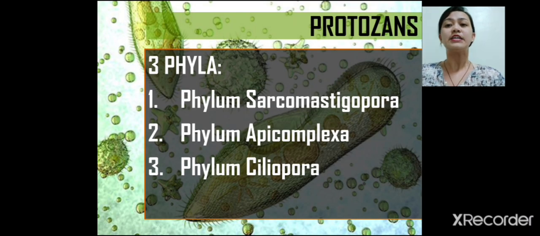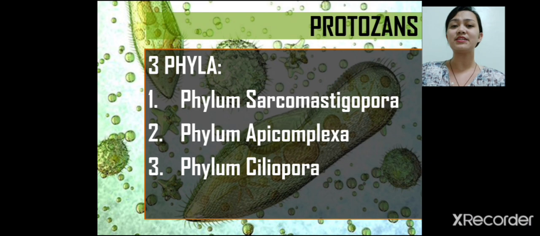Next, protozoans, as we said, are under kingdom Protista. These are divided into three phyla. We have the phylum Sarcomastigophora, the phylum Apicomplexa, and the phylum Ciliophora. How do these three phyla differ from one another?